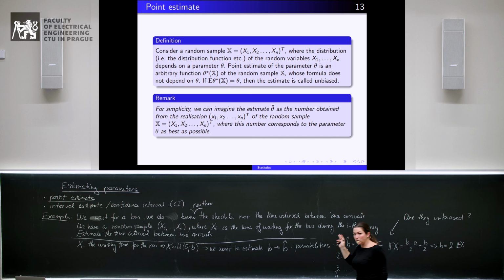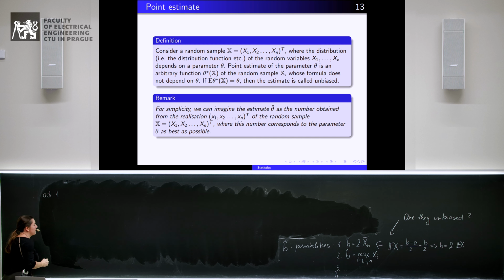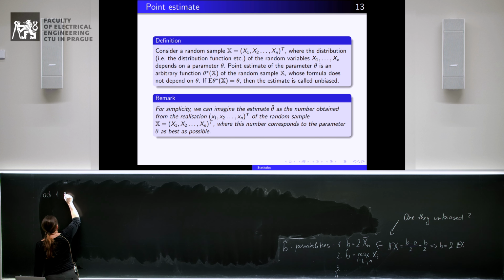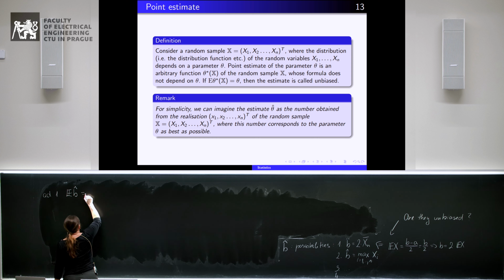So now I will show you how to verify whether the estimate is unbiased or not. In the first case, we want to calculate the expected value of such an estimate, which is given by twice the sample mean.